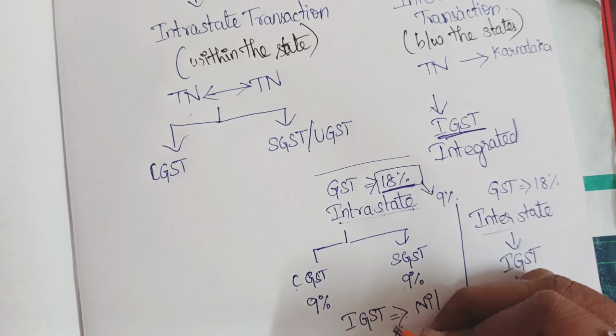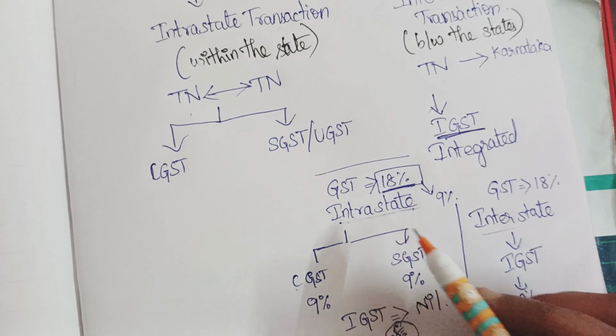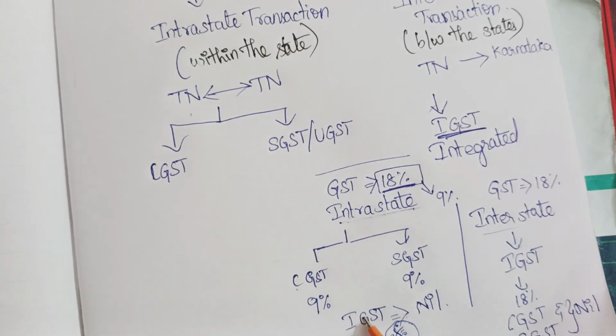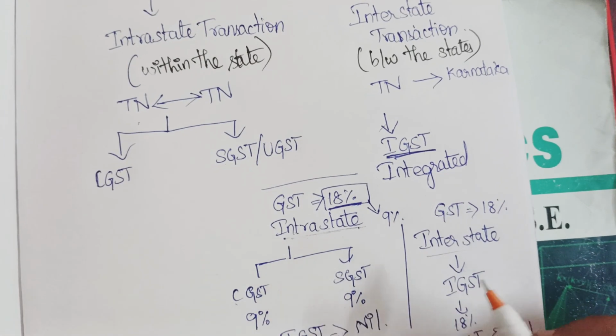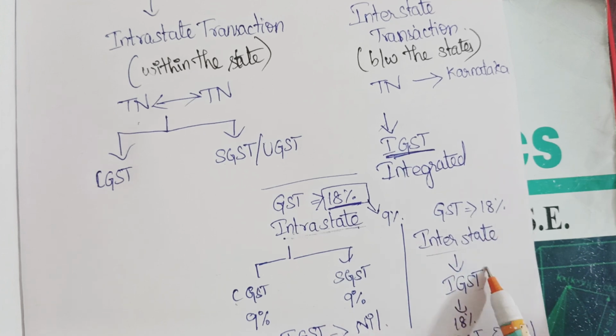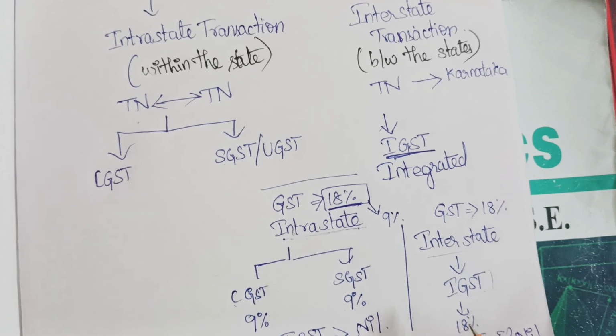Just note down, when intrastate transaction is going on, IGST will be nil. It's the same thing when you are paying for interstate: only IGST is allowed here. So IGST alone will be allowed.